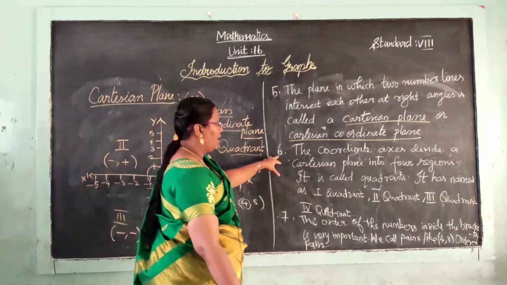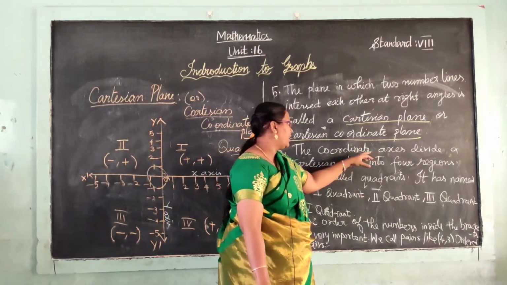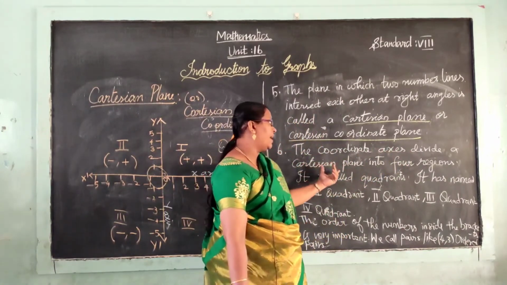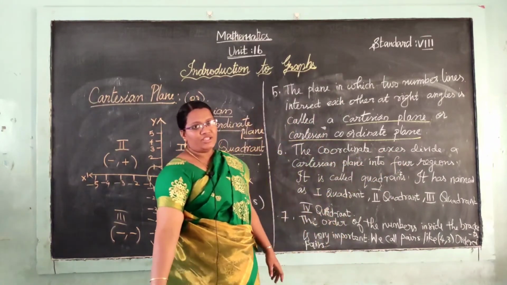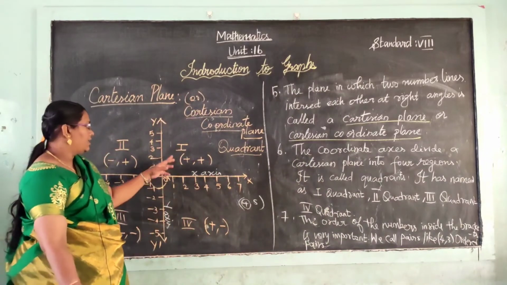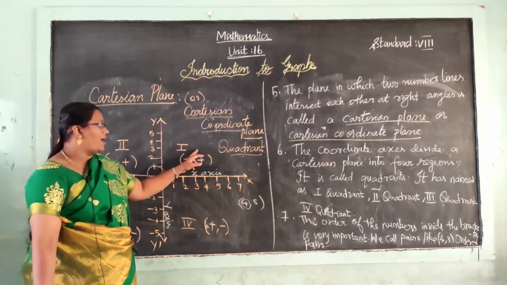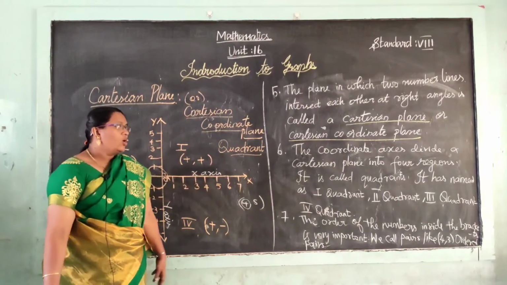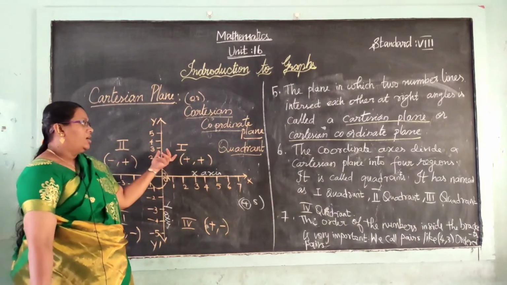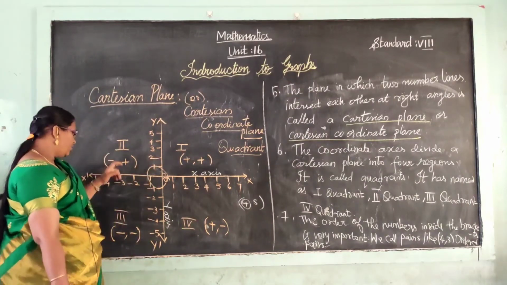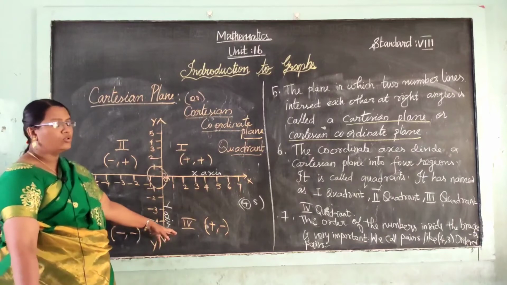Next one, the coordinate axes divide a Cartesian plane into 4 regions, 4 parts. It is made of 4 parts, and each is called a quadrant. They are named the first quadrant, second quadrant, third quadrant, fourth quadrant.